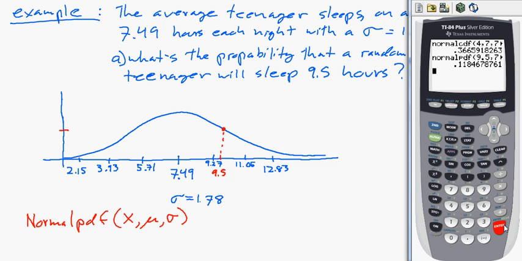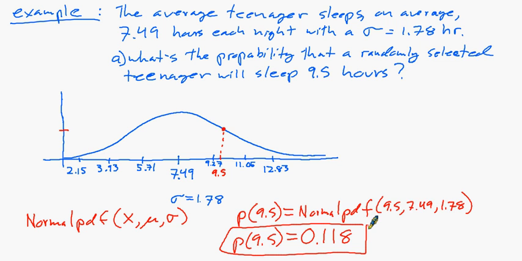And we get 11.8% chance. So this is how you should show it. While you're writing down your work, make sure you tell me the function used and the inputs and the outputs, and you get your probability.